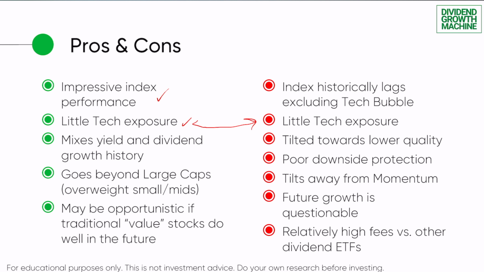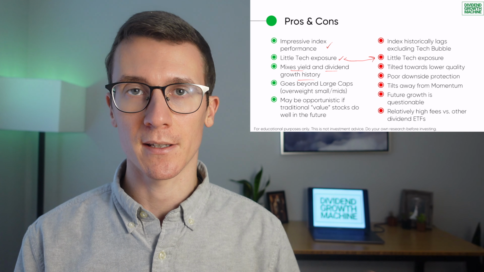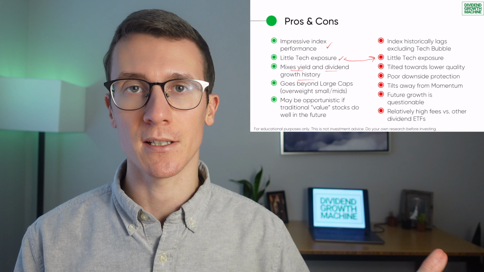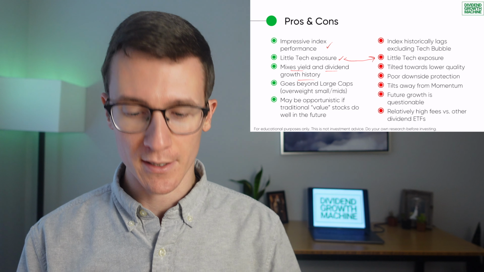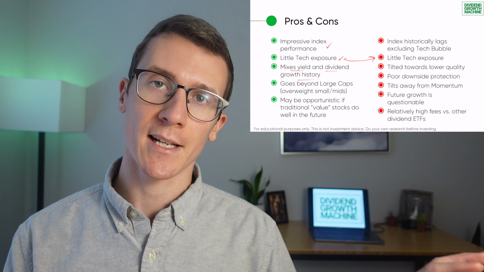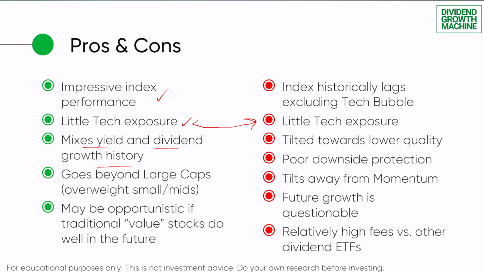It does do a nice job of mixing dividend yield and dividend growth history. So we saw with Noble, the 25 plus dividend year history, you had quite a bit of a lower dividend yield, whereas this fund brings that in and it gives it a dividend yield tilt. So we see here this fund yields a little bit over 3%, so a little bit more income from this one, and also that dividend growth history.